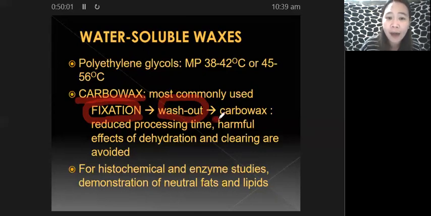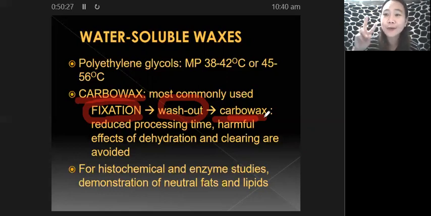After that, Carbowax right away. Yes, because you don't have to remove the water, since your medium, the Carbowax, is already compatible with water. It can replace the water because they are compatible with each other.